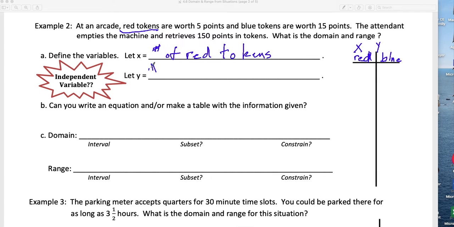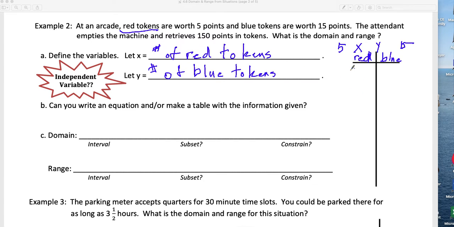The other thing I need to carry over to that table that's really important is that red tokens are worth 5 points, and blue tokens are worth 15 points. I need to know the point value because at some point things are going to total up to 150.